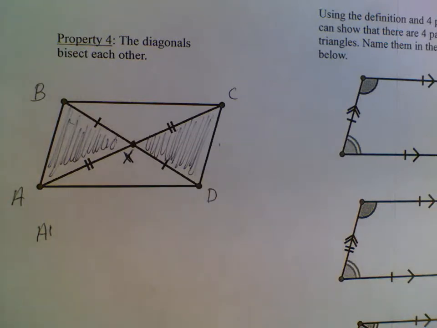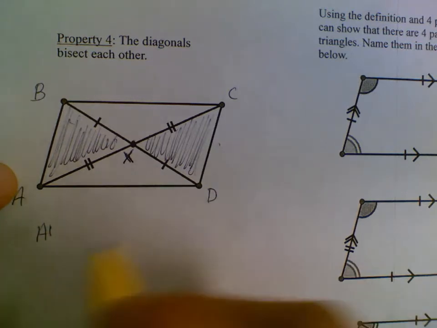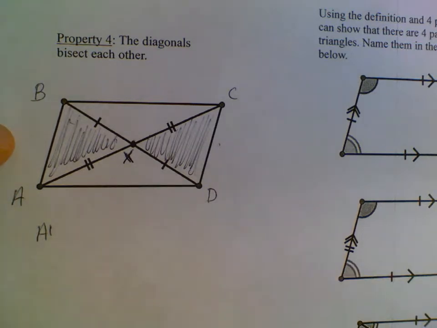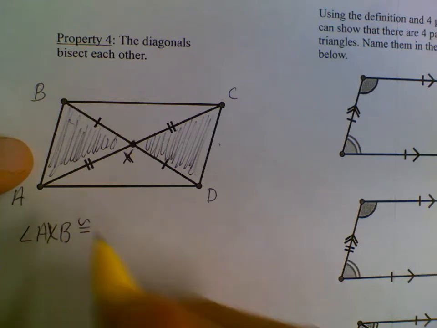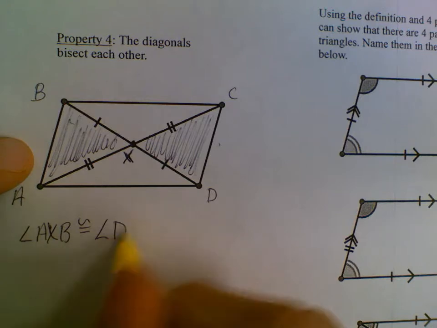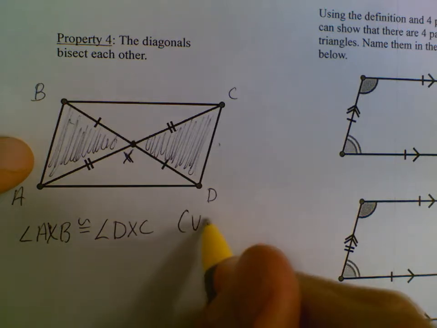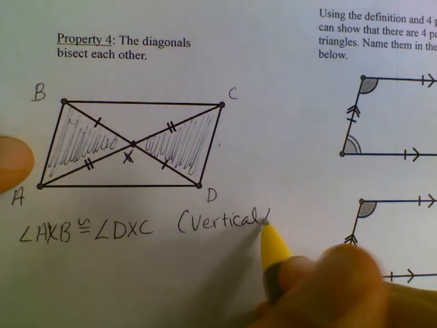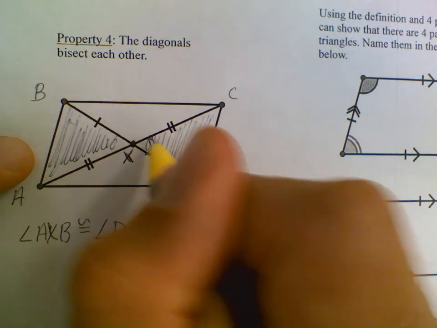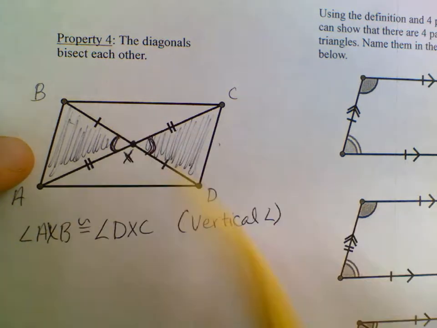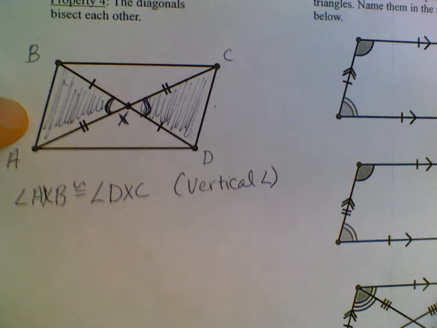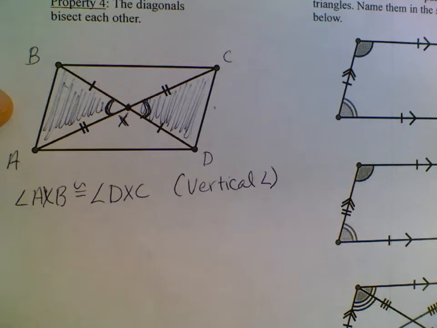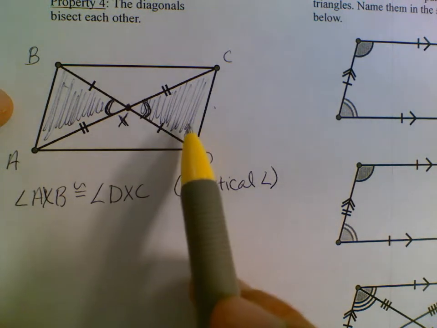So you guys keep saying vertical, so let's go on and actually talk about that. Angle AXB is congruent to angle DXC by vertical angles. That's the two angles that you were talking about, right? So now we can say that the left triangle is congruent to the triangle on the right.